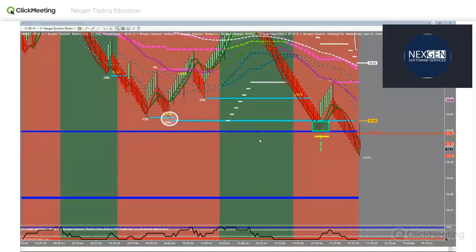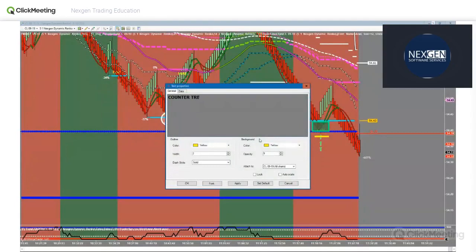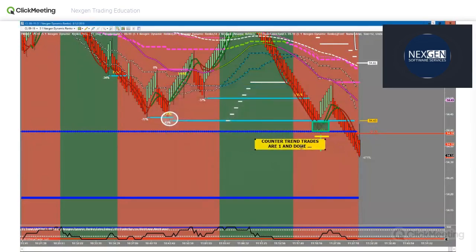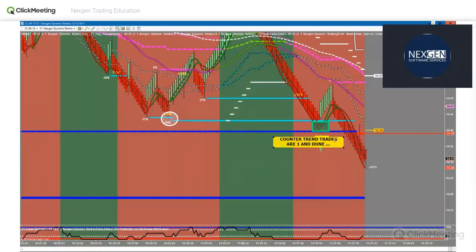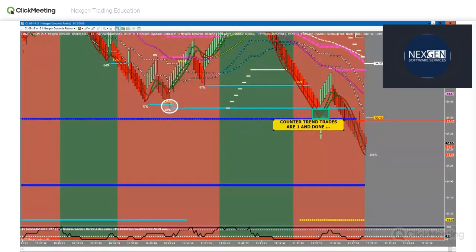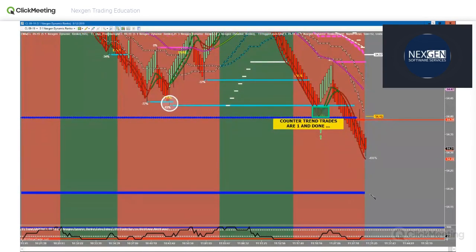This is why when we do counter trend trades, we don't try to do them 2 or 3 or 4 times, because we're so close to the edge that if we break it or we lose, it usually is going to continue to the next fib area plus, right? So we're expecting to get down to here now.